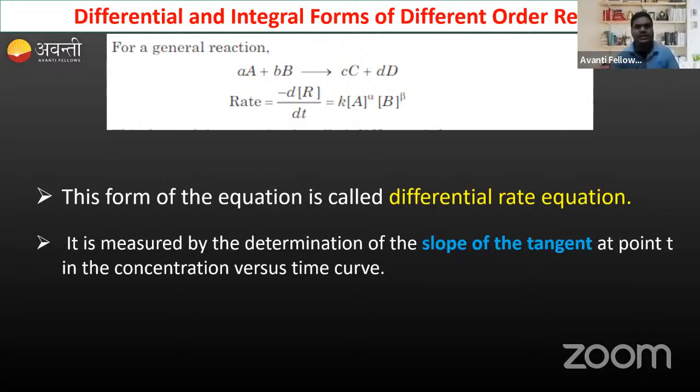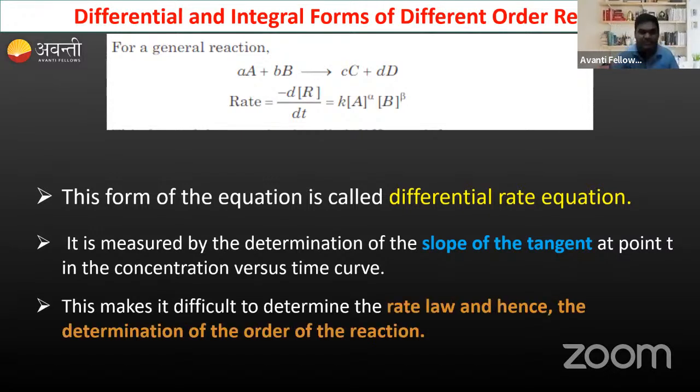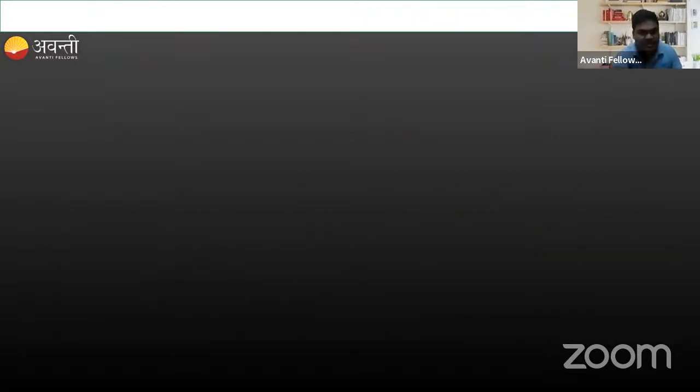Always remember, it is measured by determining the slope of the tangent at a point t in the concentration versus time curve. This makes it very difficult to determine the rate law and hence the order of the reaction.